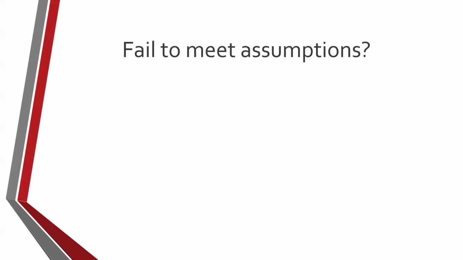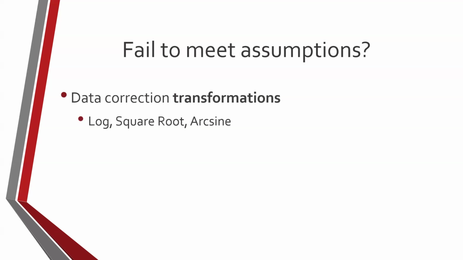All right, so what happens if these assumptions are not met? Well, we cannot rely on the results unless we take an alternative action. There are data correction transformations that are designed to correct the underlying distribution of the data, and thus the errors, without affecting the results. We've got the three main ones here.